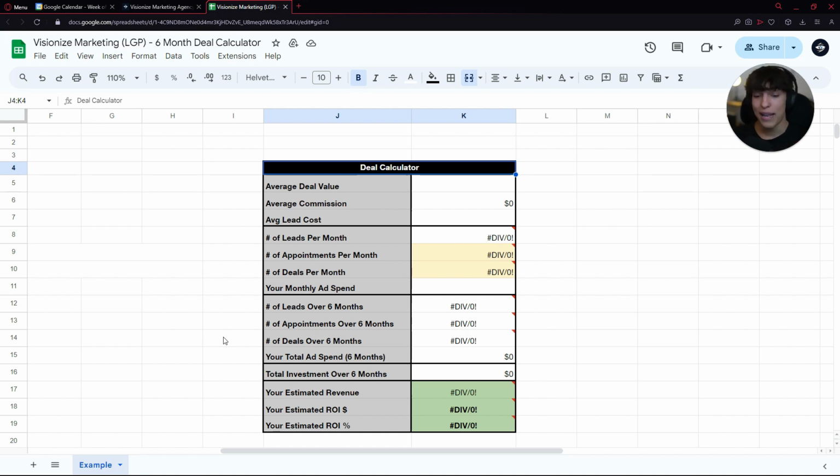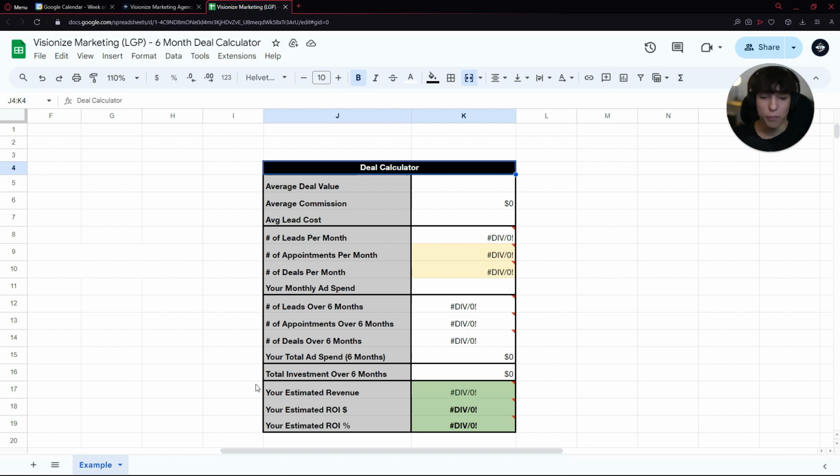So that's why it's very important to look over a longer time horizon, whether you're running ads, working with an agency, using Zillow, etc., because the ROI might not be there in the first month or even 2 months. However, over a 6-month time horizon, it could be an absolute different story. And once again, that is the entire point of this deal calculator, so you can actually see what you're on track to do with your current lead gen efforts.